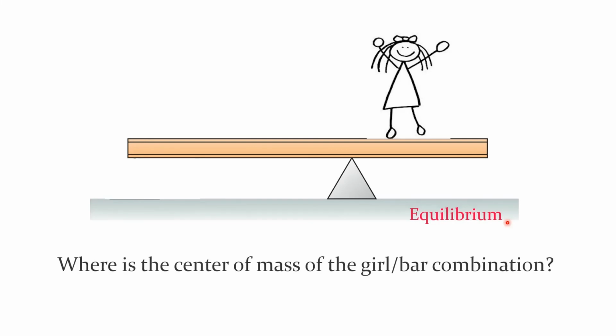So the question is then, where is the center of mass of the girl/bar combination? Well, hopefully it's clear by now. It's got to be directly above the base of support, and in this case it's just that tiny little spot. So the center of mass is probably right here. Remember, again, it doesn't have to be a physical point on the object. It's just a theoretical location.